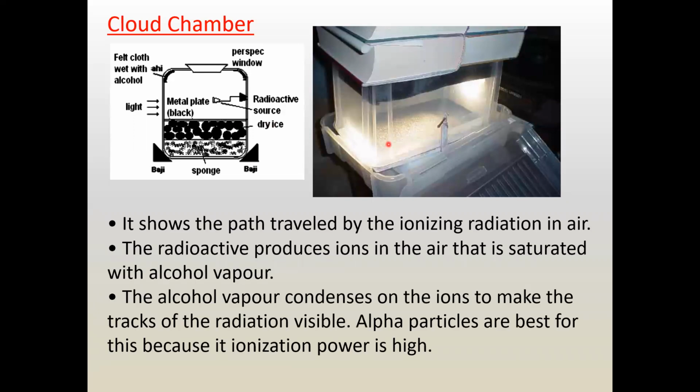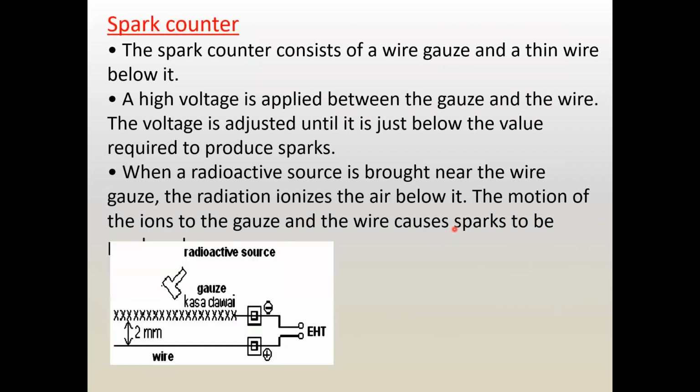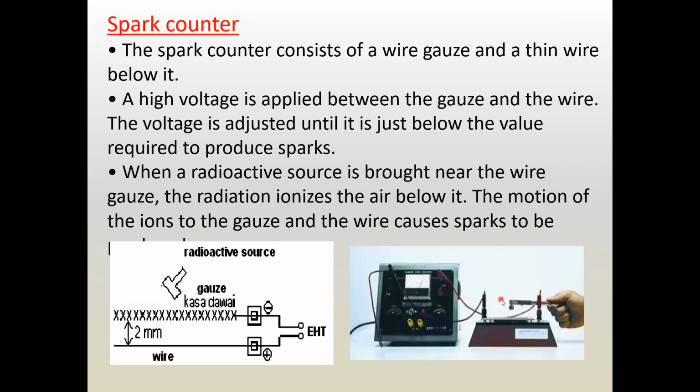This is how a cloud chamber looks like. This can be used to track and identify the radiation. This is how we see the image in the cloud chamber. And we can also use a spark counter, as you can see here. This spark counter can also be used to identify the radiations.